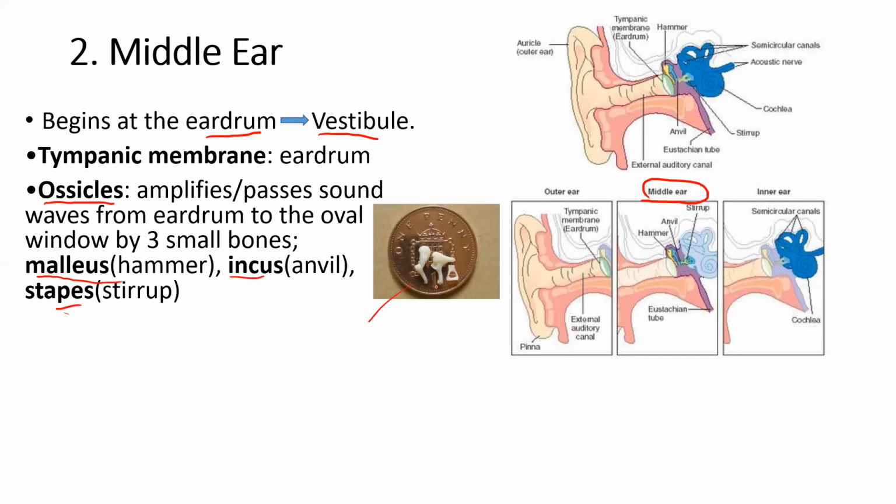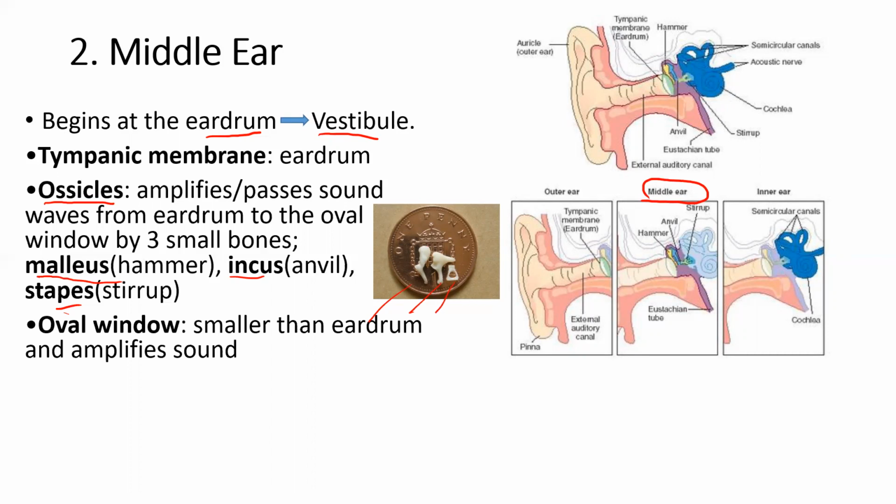Hammer, incus, and stapes. The anvil is like that thing that Wile E. Coyote keeps trying to push over the cliff to kill the Roadrunner. Okay, that's an anvil, and the stirrup, that's where you put your foot for a horse, like a part of the saddle system.